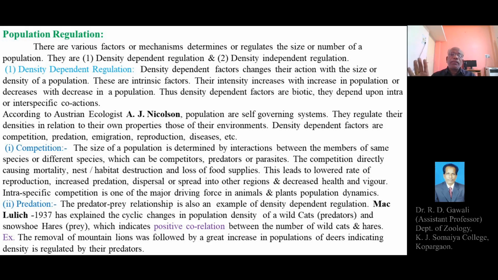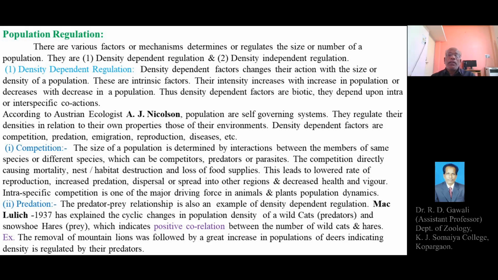So this indicates the positive correlation, means when there is an increased number of prey organisms such as snowshoe hares, this will lead to an increased number of wildcats because of the presence of adequate food in the form of prey organisms like snowshoe hares.